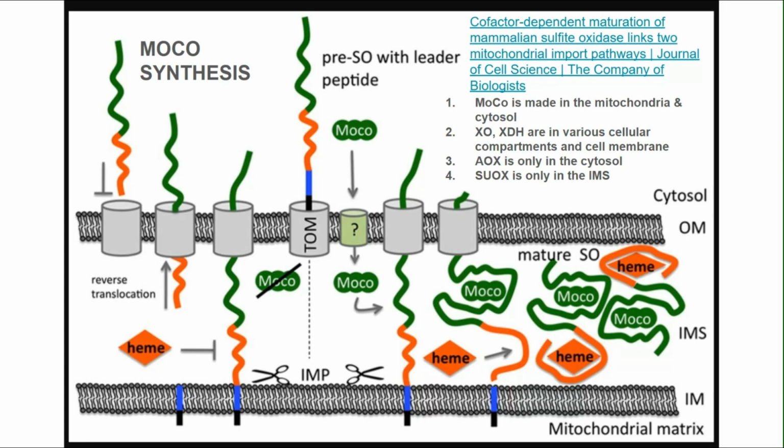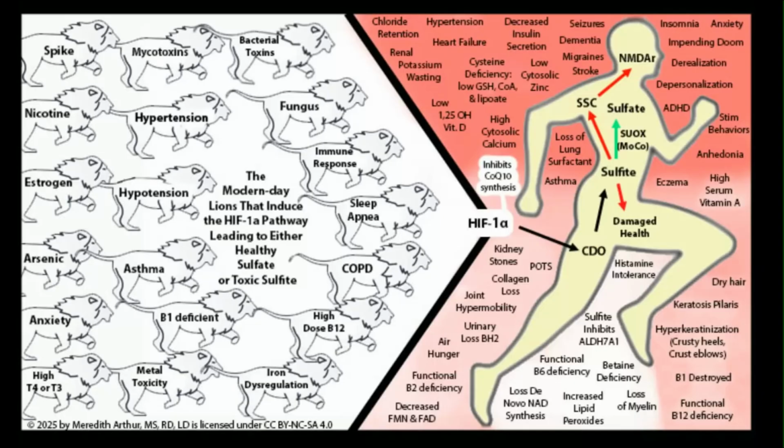So not everyone is going to be having upregulation of their hypoxia pathway, but some people will be. There's lots of factors that can go into that, and I actually have an entire diagram about that.